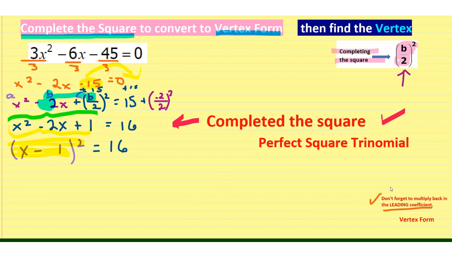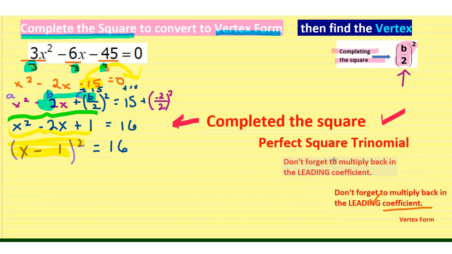So this is almost the vertex form, but again, I've reminded you that we divided out the 3 at the beginning, and we're going to be multiplying it back in to our vertex form here at the end. So don't forget to multiply the leading coefficient back in. So what I'm going to do is rewrite it as f of x, just because this is a much more perfect version of the vertex form.